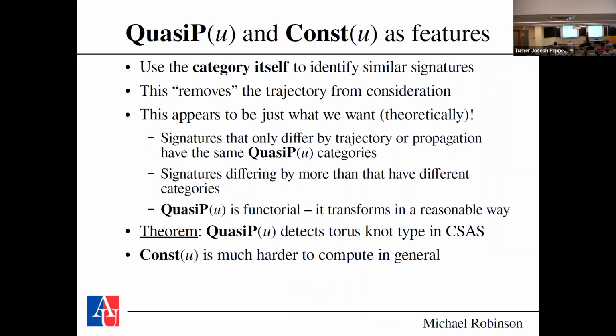Signatures that differ only by trajectory are going to have exactly the same categories. So signatures that differ by more than that, i.e. different targets, will have different categories. That's pretty neat. And furthermore, this category is functorial. It transforms in a reasonable way. Okay, that's cool, except for the fact that it's actually kind of hard to compute. So I'm not going to compute the general one, but actually, as it turns out, for circular synthetic aperture sonar, the category you want to study actually amounts to characterizing a torus knot.